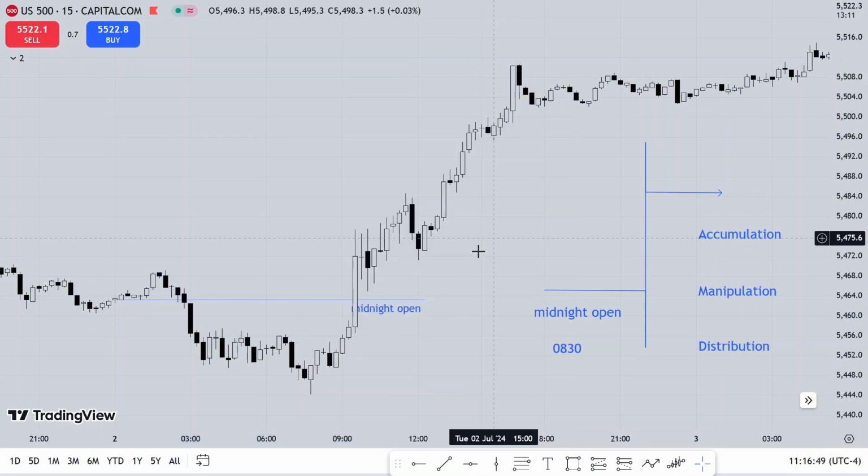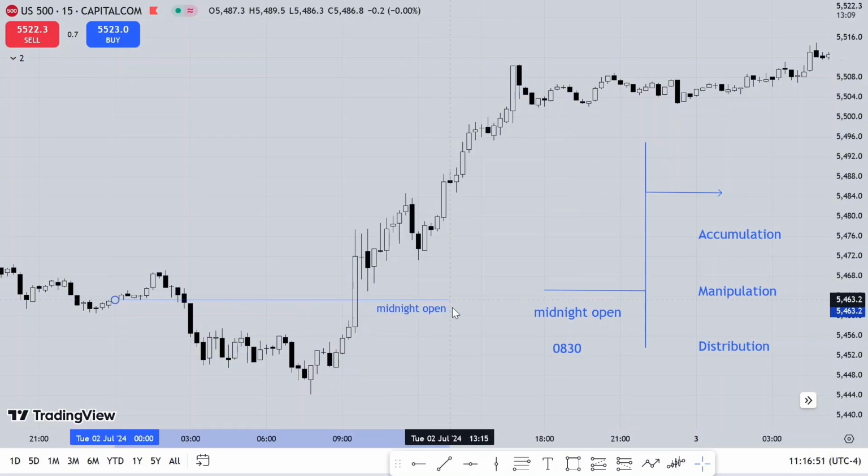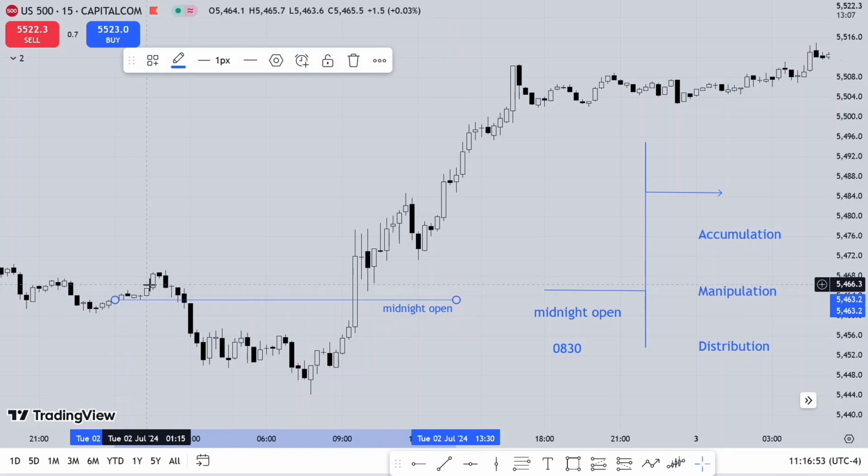And when you are bullish, you expect to see price trade below this midnight opening price, preferably during the London session, which is from the 2 a.m. to 5 a.m. window. You want to see price trade lower below this midnight opening price. Below the midnight opening price is where the manipulation leg will take place.